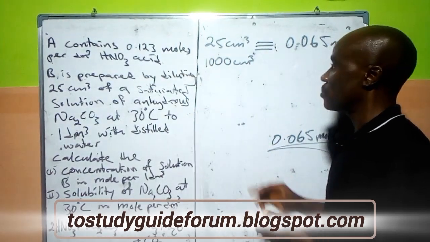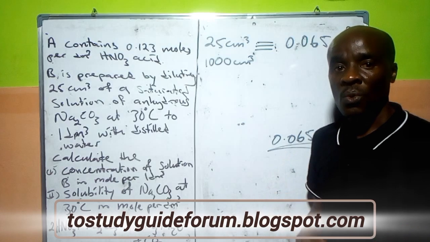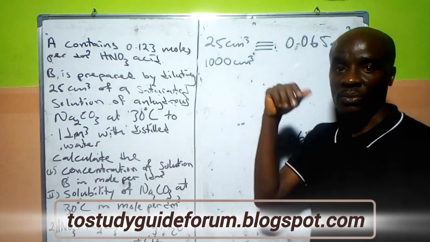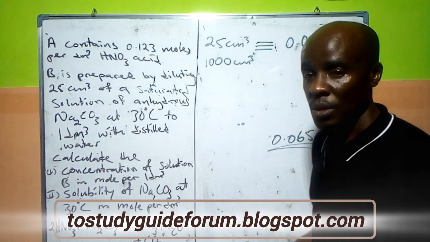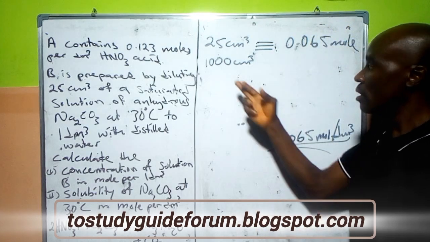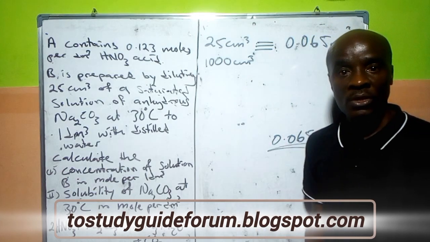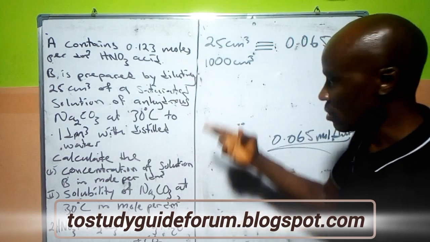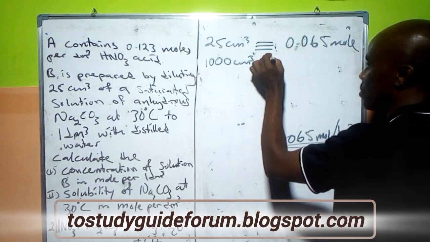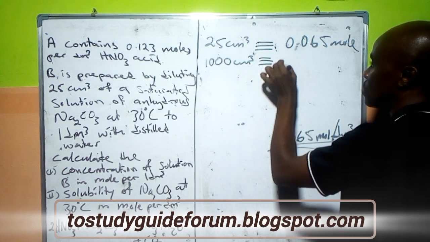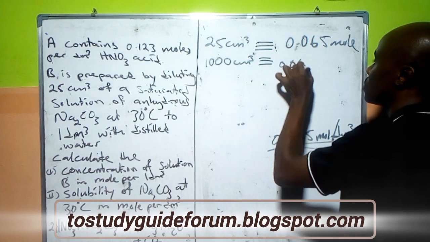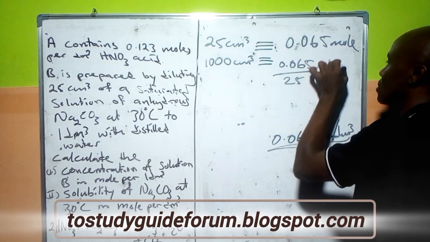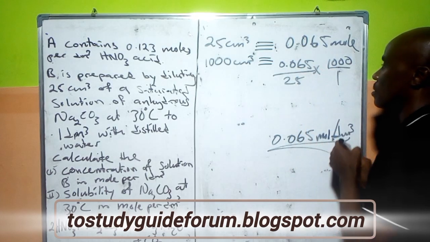Because 1000 cm cube is equal to 1 dm cube. Since this one is in cm cube, we need to use this unit here to get it in dm cube. That is why we're using it. So it will be equivalent to 0.005 over 25 times 1000 over 1.